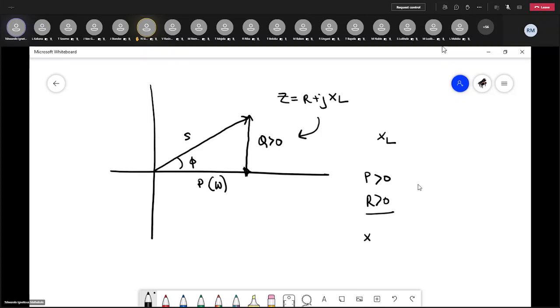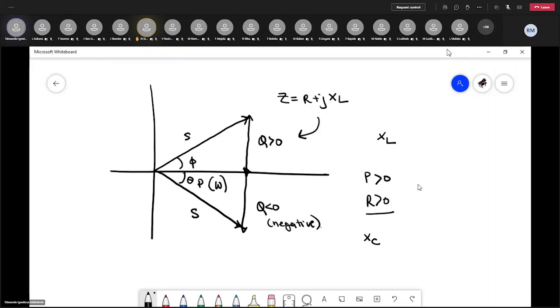If I've got XC, I would have Q being less than 0, meaning the Q is negative. And I would have that being my capital S there, and of course, this being angle theta.